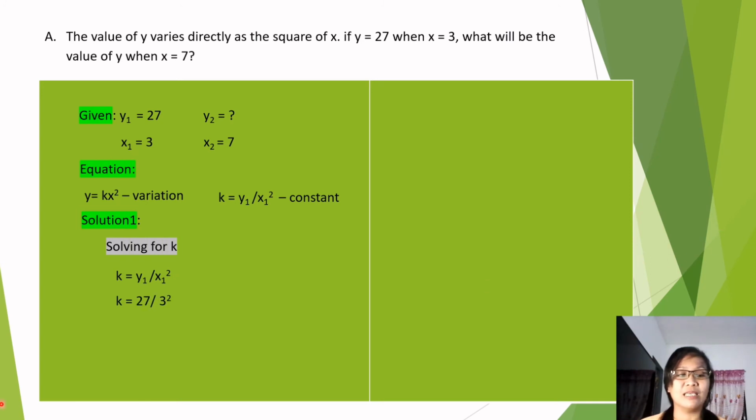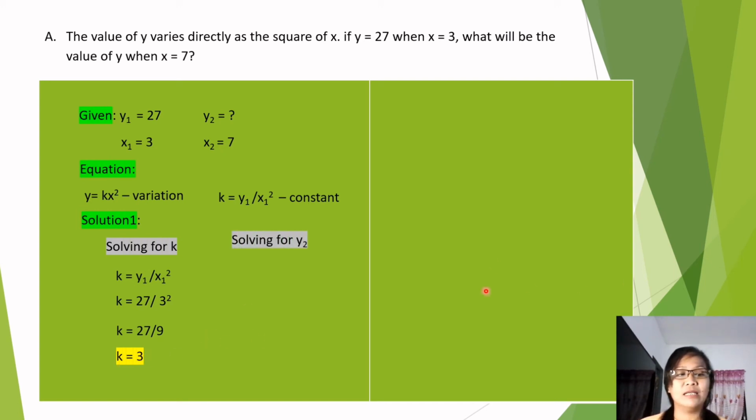Then substitute the given. K is equal to 27 divided by 3 squared. So, kailangan muna natin gawin ang 3 squared. So, we have now k is equal to 27 all over 9. Therefore, we have k is equal to 27 divided by 9 is equal to 3.